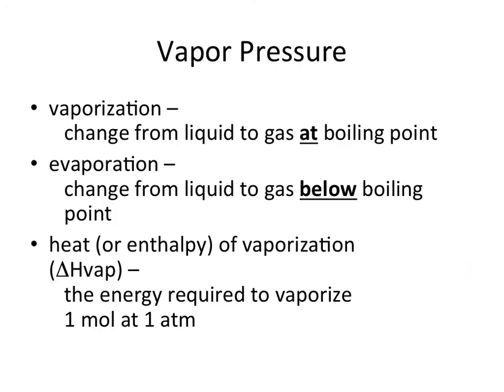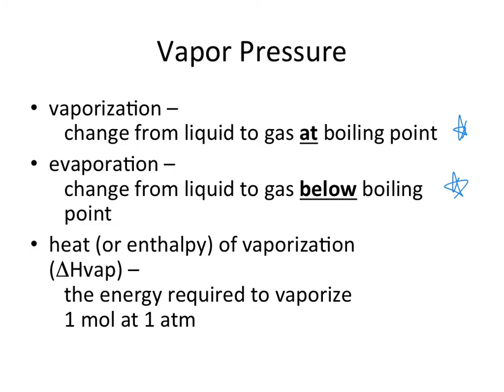Now, I also want to bring you guys back to the fact that basically this vapor pressure can be associated with vaporization or evaporation. Okay, so remember, vaporization is the change from liquid to gas at boiling point. So basically we're adding heat in very large quantities, as we see on the heating and cooling curve. But vapor pressure can also build up through the evaporation process.